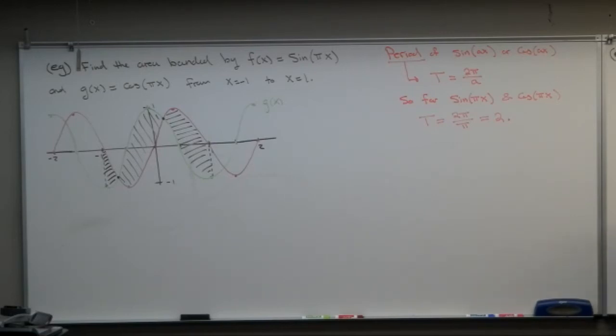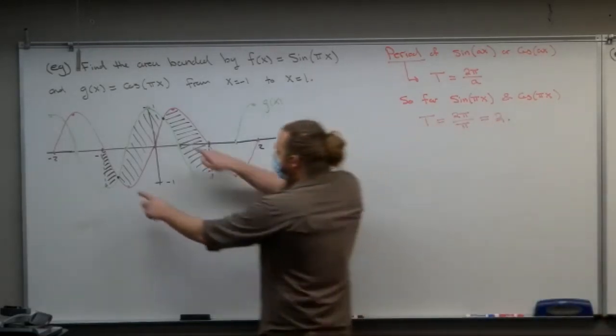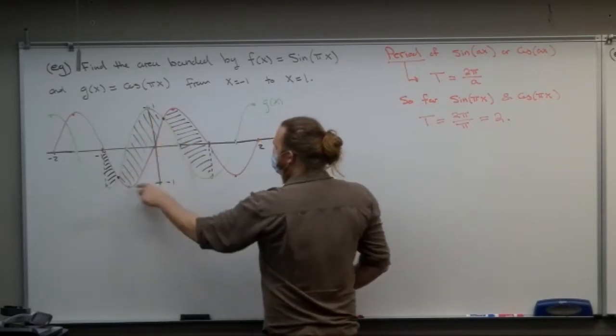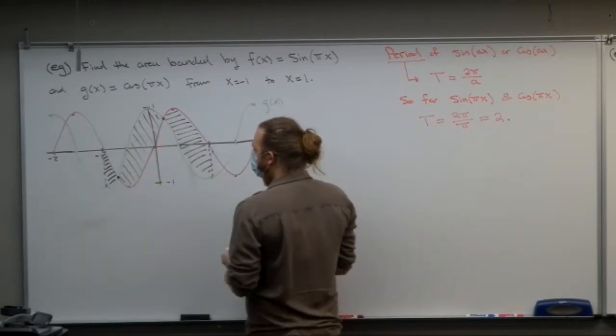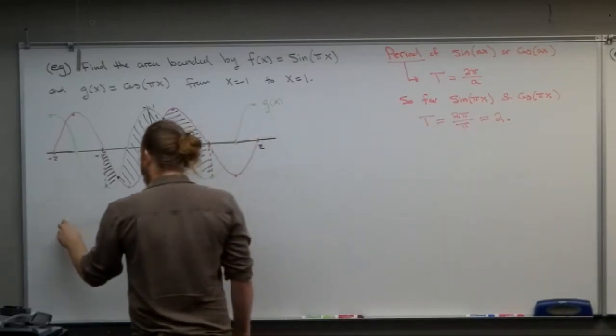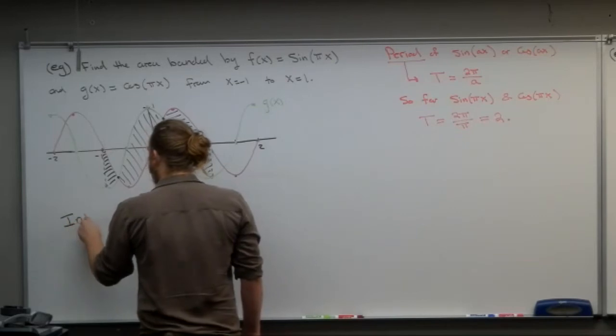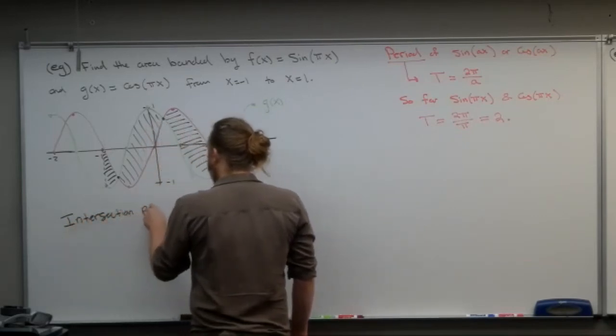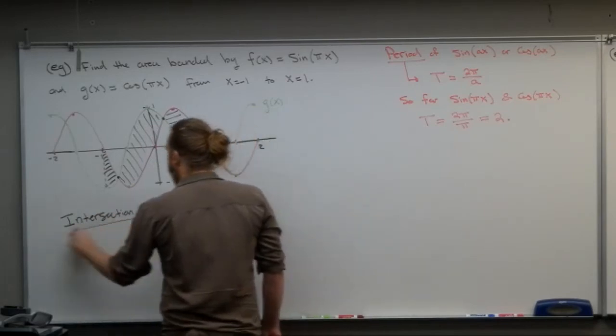I need to know what are the x values, for example, here and here, that I would use as my bounds for the green minus the pink here. The first step after drawing the graph is to find the intersection points.